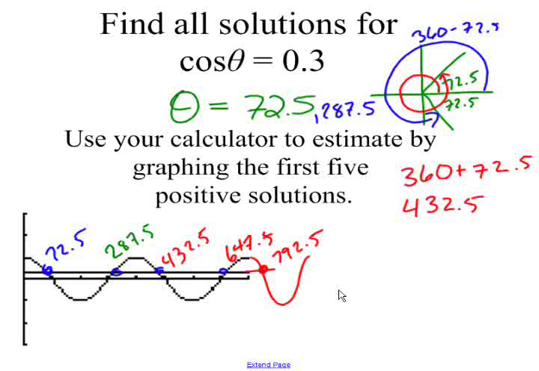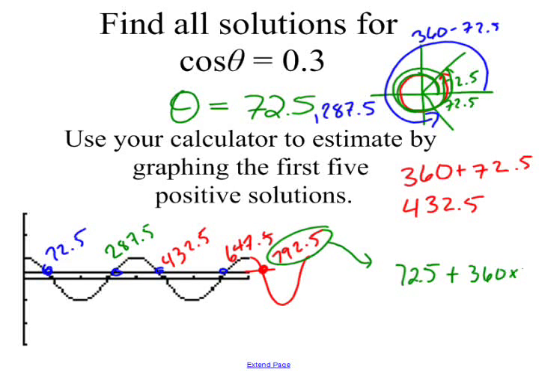And how that one comes about is just looking at, now instead of going around once, I'm going to go back around and hit it again. So I'm really doing 72.5 plus 360 times 2.